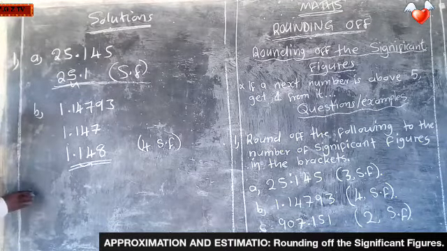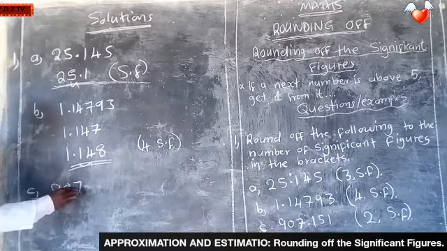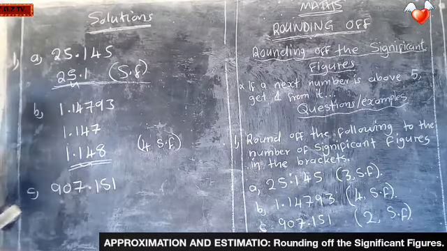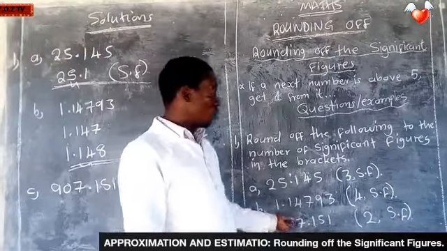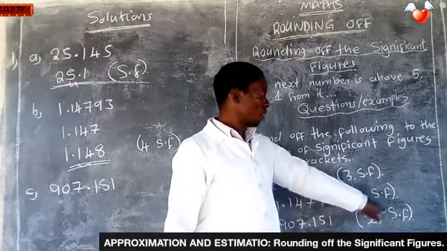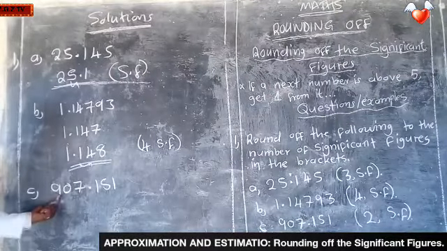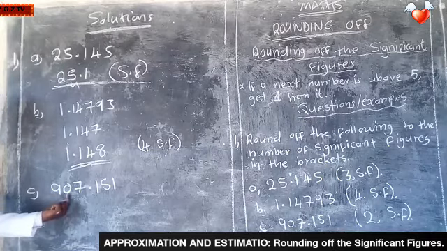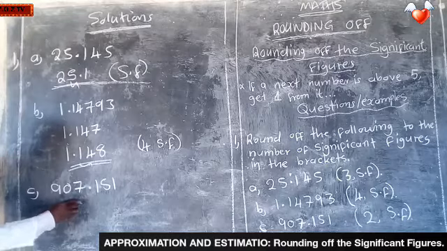We move on to C. C is 97.151. The condition says we should round off to two significant figures. So what you do, look at the numbers. The first number is here, the second is here. So what I have here is 9 and a 7.